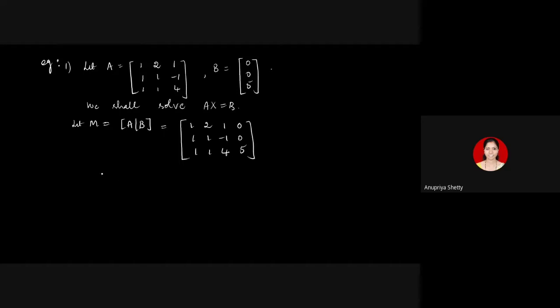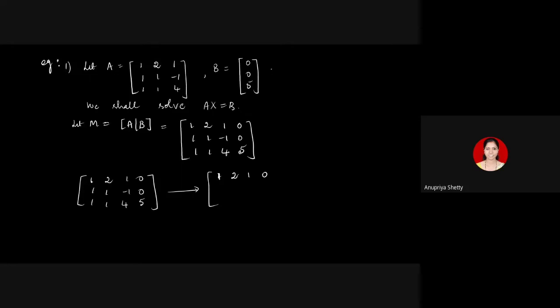Okay. Now you apply the row operations. Start with this matrix 1, 2, 1, 0, 1, 1, minus 1, 0, 1, 1, 4, 5. Okay. I have given here a pretty simple matrix so we can easily do the operations.